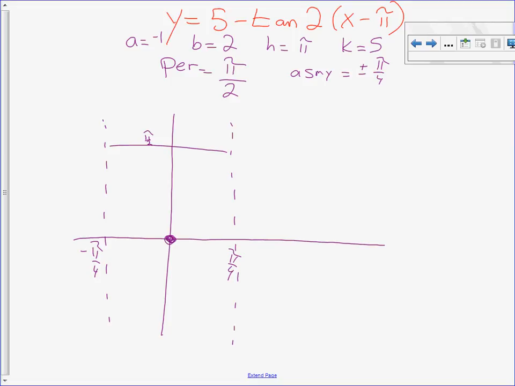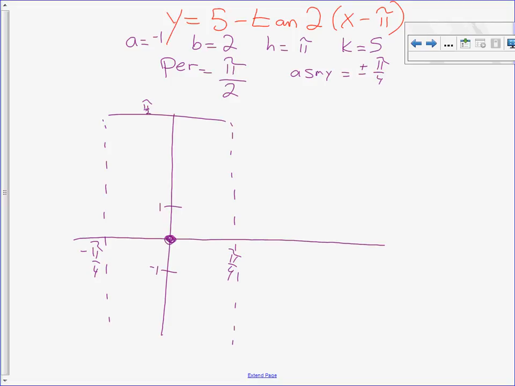One other thing you might have noticed when I graphed this one, I moved it over to the left a little bit because I know that eventually I'm going to have to go to the right, because I have a shift to the right and I have a vertical shift as well. Your A value is 1 and negative 1.